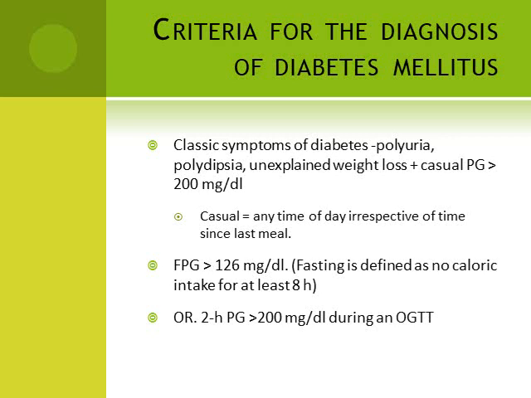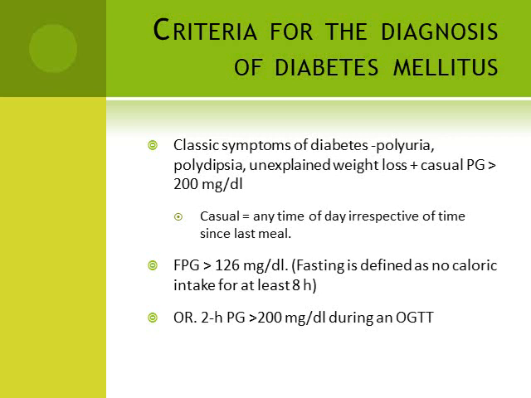Casual means any time of the day, irrespective of the time since last meal. And fasting means no caloric intake for at least 8 hours. So, postprandial if it is more than 200 milligram per deciliter, and fasting if it is more than 126 milligram per deciliter. With the presence of typical symptoms, the diagnosis is very clear, and the patient is diagnosed as a case of diabetes mellitus.